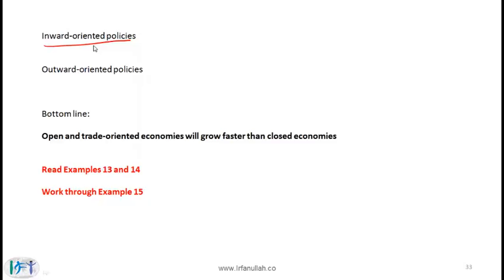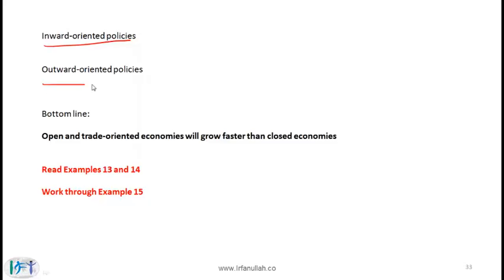According to these policies, countries encourage local industry, and they put restrictions on flow of goods and services, and restrictions on flow of capital, again with the objective of improving domestic industries. But there is sufficient evidence that tells us that this policy results in subpar growth rates.